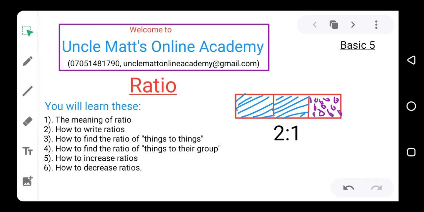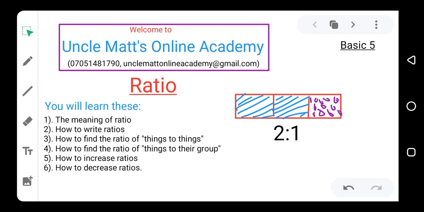Tens to their group means when we collect our tens together, or something, when we collect them together, there are many things. When we get them as a group, or all of them are together, comparing one of them with all the ones in the group is what I mean by tens to their group.